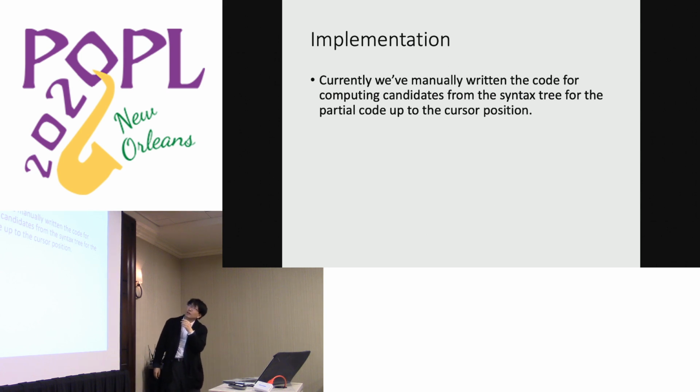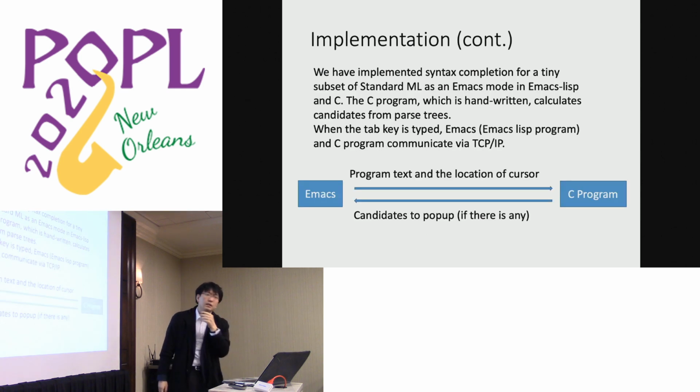Currently, I've manually written the code for computing candidates from the syntax tree for the partial code up to the cursor position. I implemented it for a tiny subset of Standard ML, and I used an Emacs mode. I implemented it in Emacs Lisp and C. The C program, which is handwritten by me, calculates candidates from parse trees up to the cursor position.